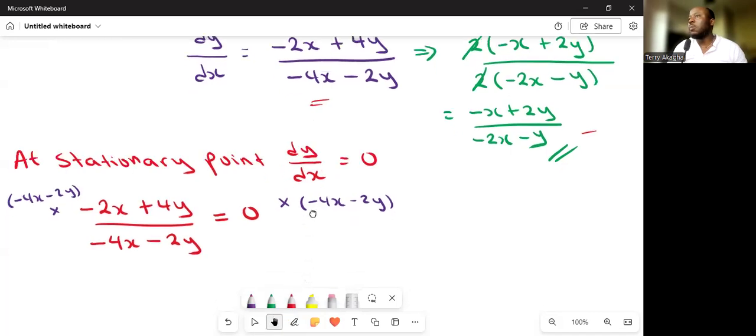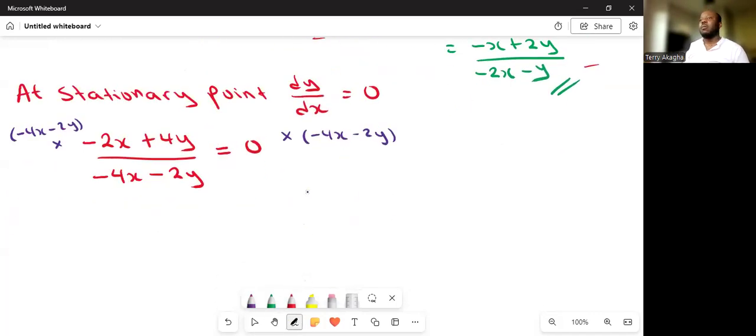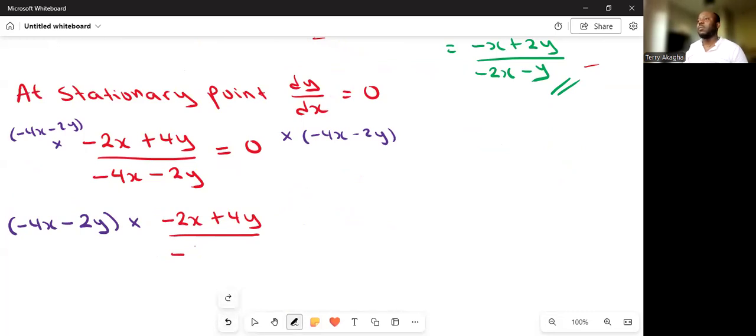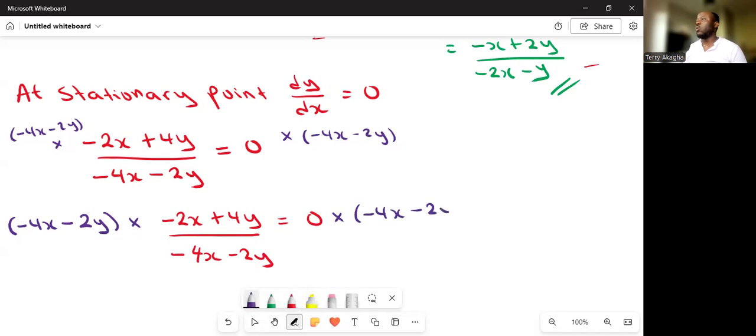So what we're going to have now is minus 4x minus 2y, multiplied by minus 2x plus 4y divided by minus 4x minus 2y, okay, equal to 0 multiplied by minus 4x minus 2y, okay?